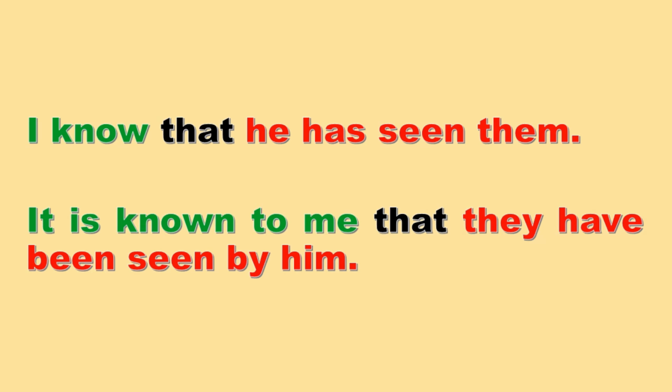Therefore, it is known to me, because it will always be is after it, and thereafter we have used the third form of the verb, that is known. And as we have discussed earlier, the preposition which we have to use after known is to and not by.